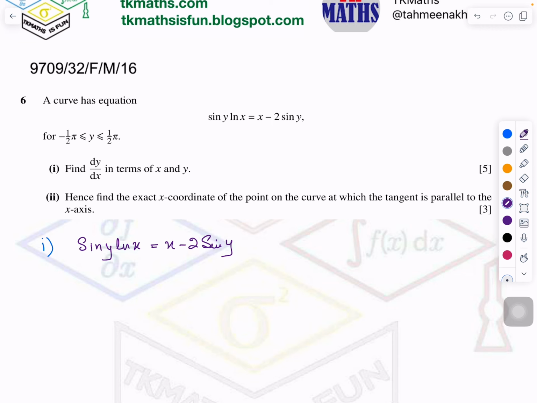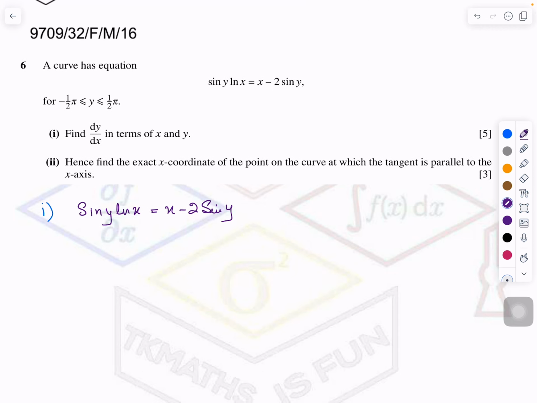So first of all, I'm thinking about applying the product rule on the left hand side. So this is u and this is v. So I will apply u v prime plus v u prime. Okay, so I'm solving it. Differentiation of sine y will be, sorry, it is u, so I will keep it as it is, sine y.